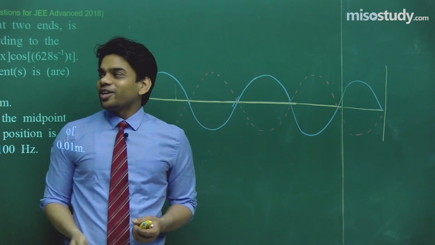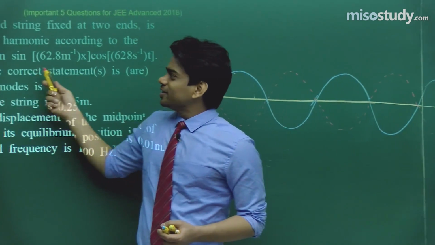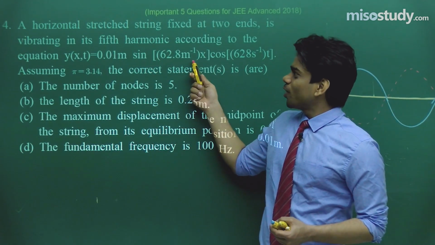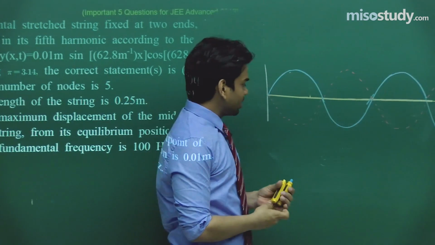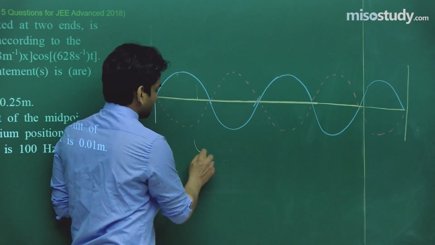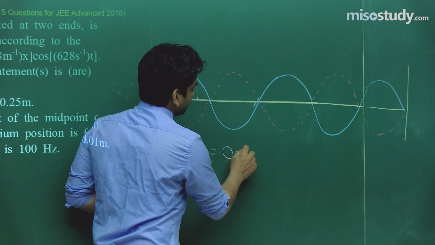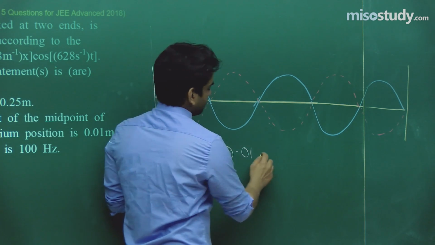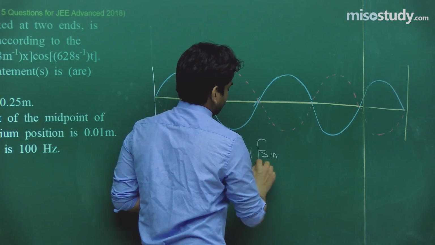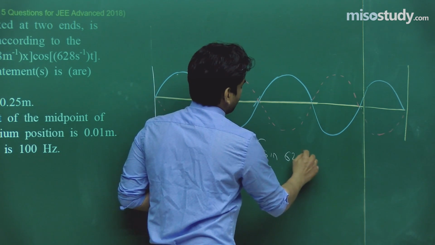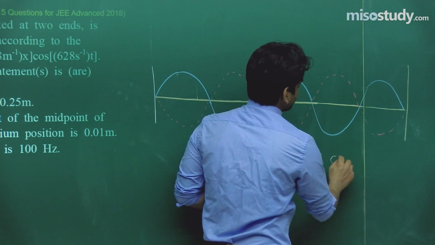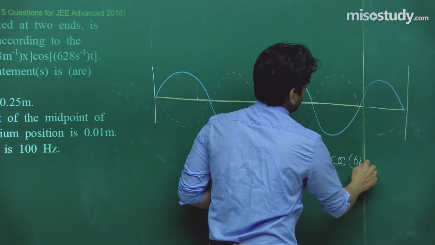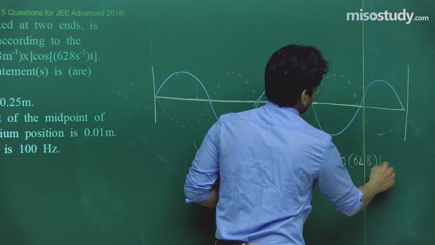Now, if you see the equation y equals 0.01 sin(62.8 x) cos(628 t), let me write down that equation. y equals 0.01 sin 62.8x cos 628t.